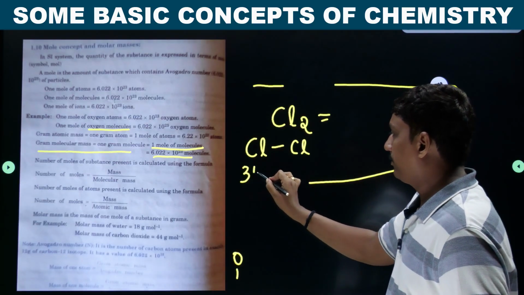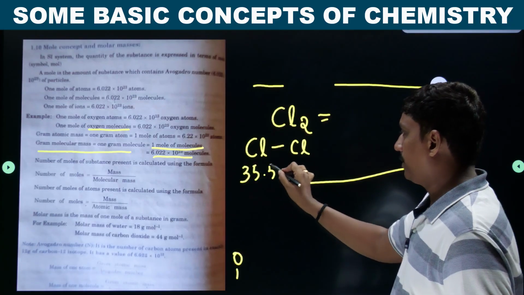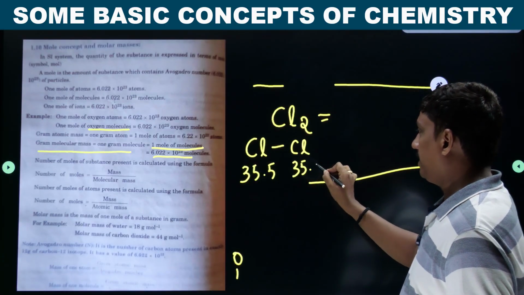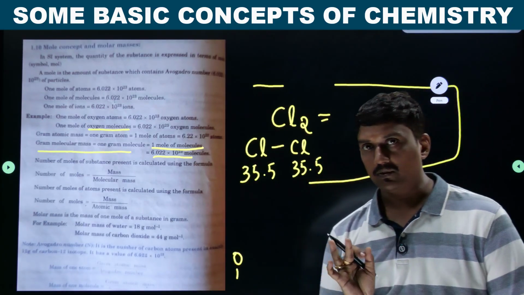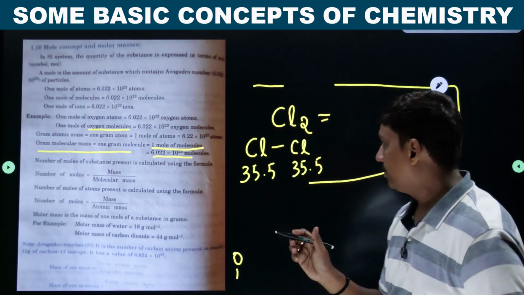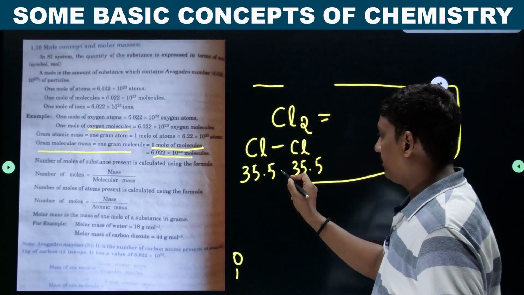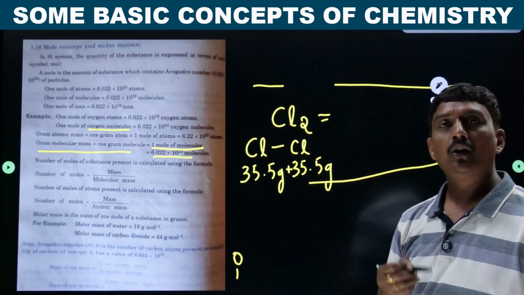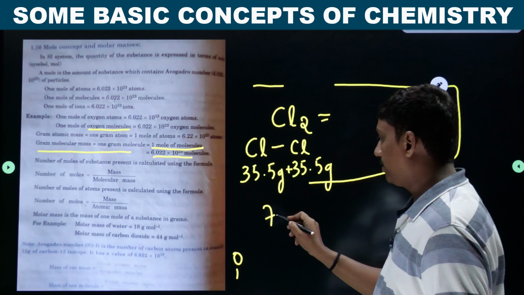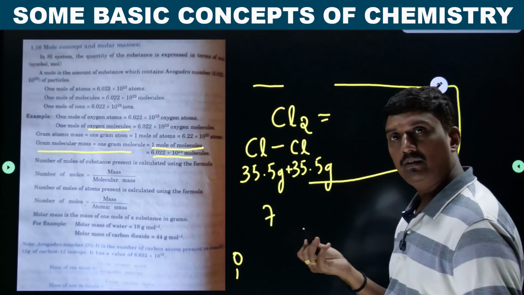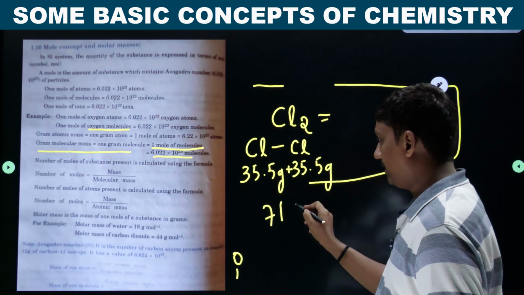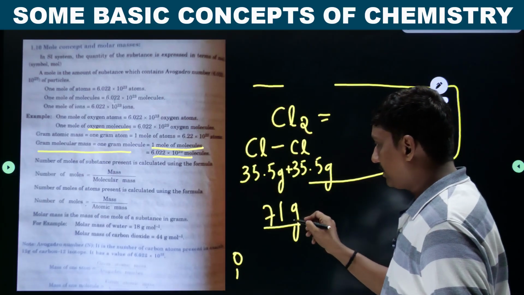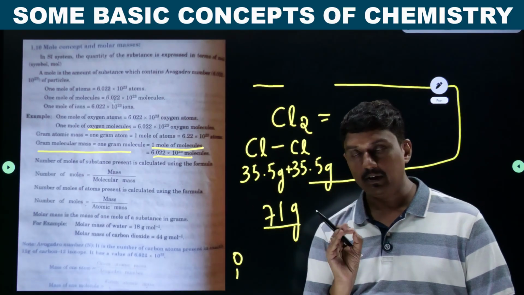Now, 35.45 can be written as 35.5. Expressing it in grams, it is 35.5 grams and 35.5 grams. How much? 35.5 plus 35.5 is 71 grams. What is this 71 grams?